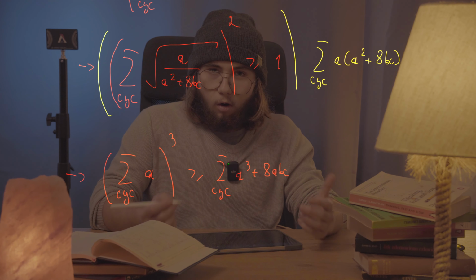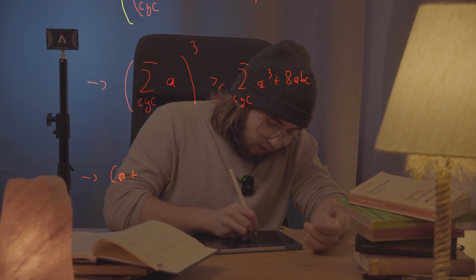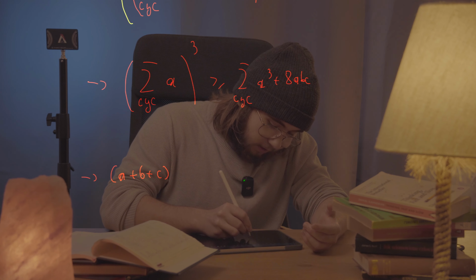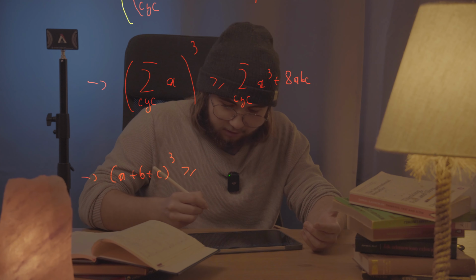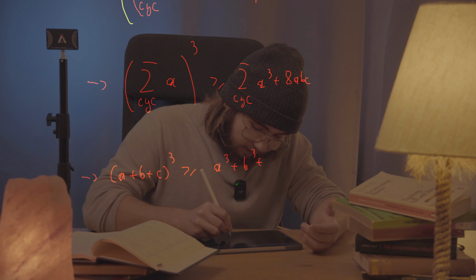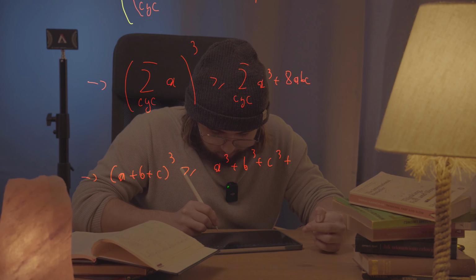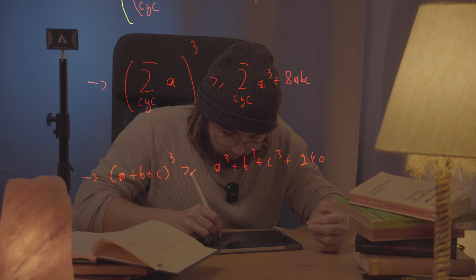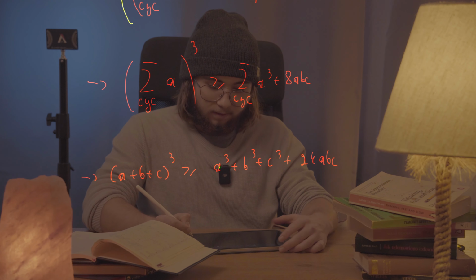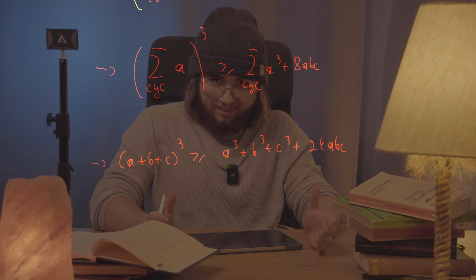Yeah, awesome, because this thing on the left hand side is nothing but a plus b plus c to the power of 3, and on the right hand side it's just a cubed plus b cubed plus c cubed plus, I believe, 24abc. But guess what? It is true now.